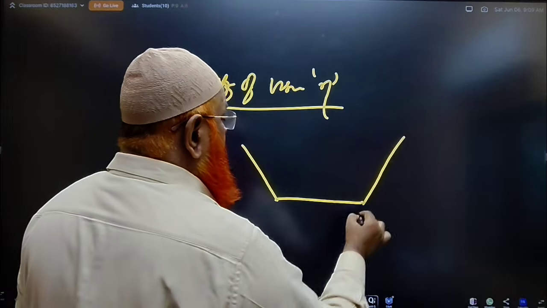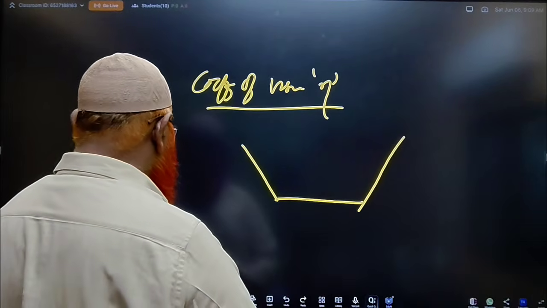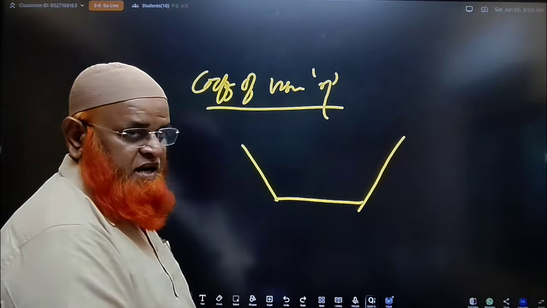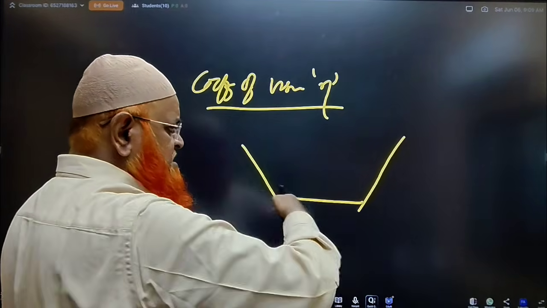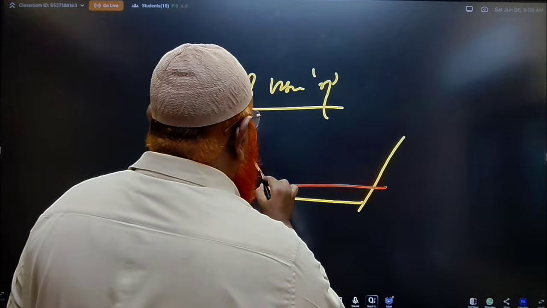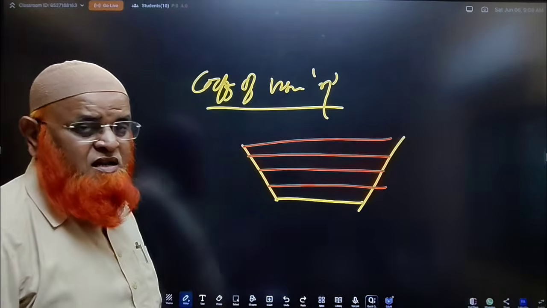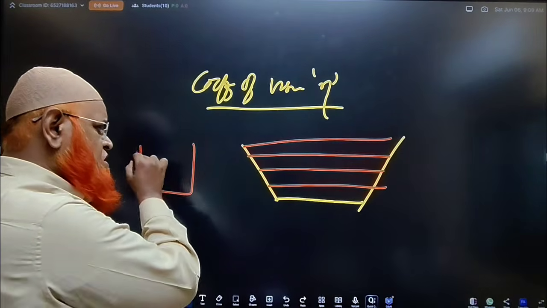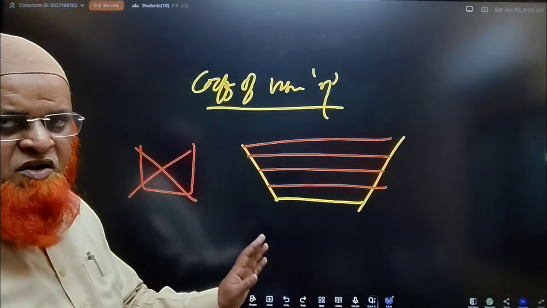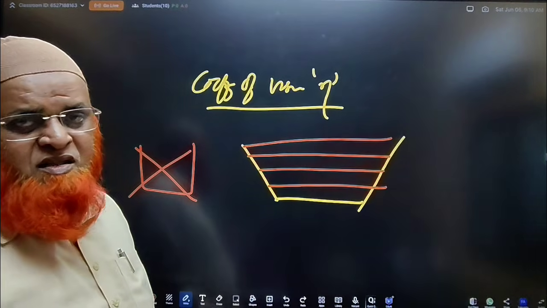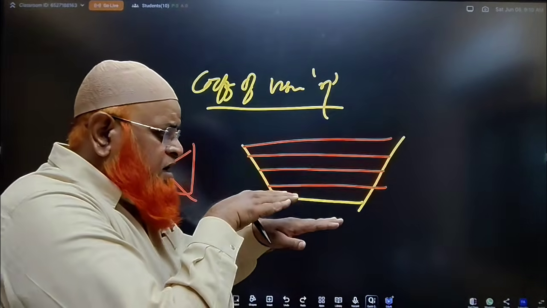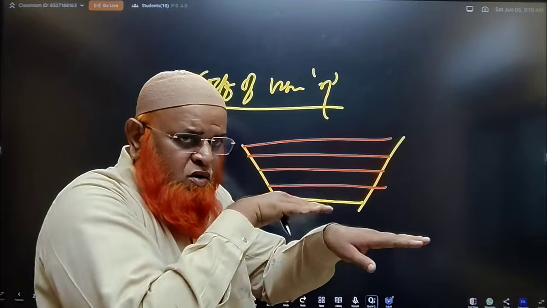You know that all the canals are constructed in which shape? V shape, like this. And water flows in the form of layers. Why is this type of shape given to the canals, and not a U shape? The reason is that here one layer is sliding over another layer.